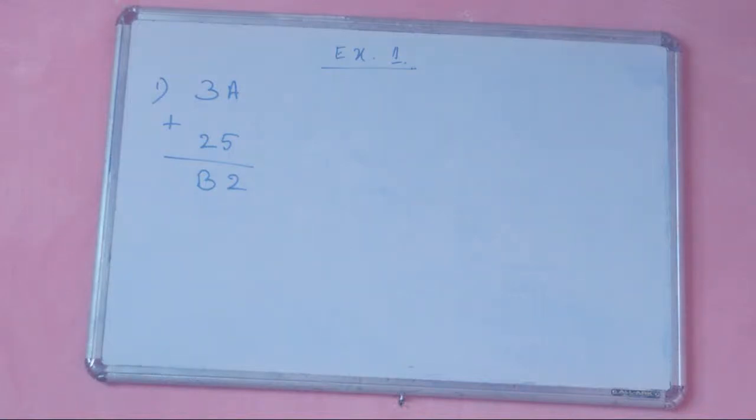First, 3a plus 25 equals b2. Here we have to find out the value of a and the value of b. Shahid Fatima gave b as 5. Then any other answers?